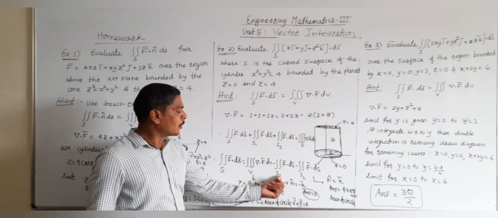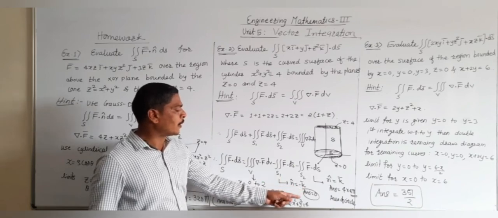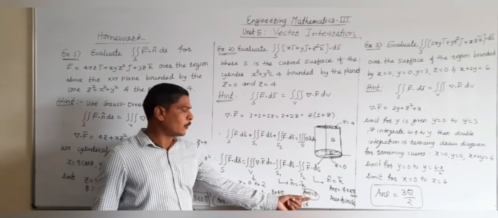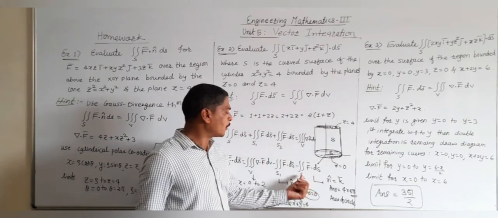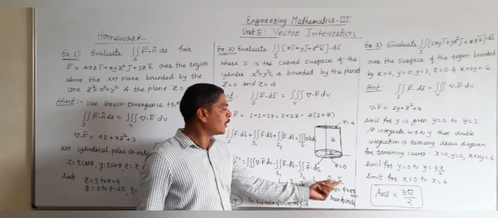Similarly, find the surface integral over surface S1. Here n cap is minus k bar and the answer becomes 0. And in the second surface, the surface integral over surface S2, in this case n cap is k.